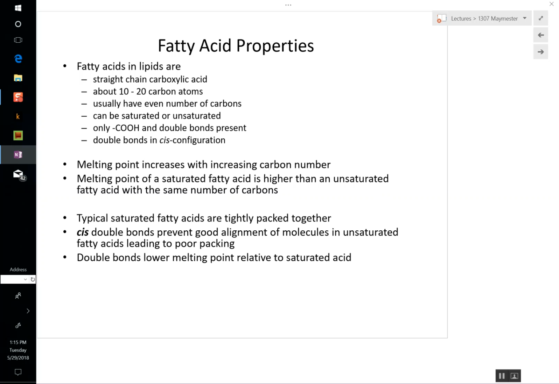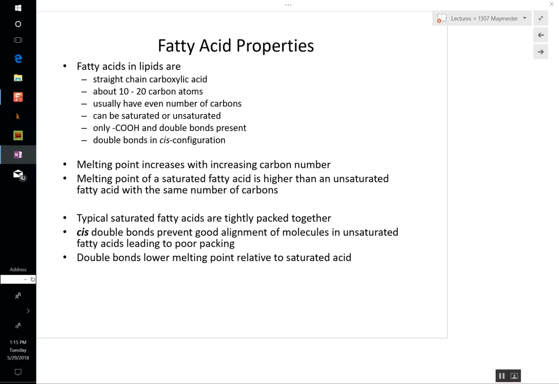Okay, you hang on to that. Danielle's got the saturated fatty acid right there. Oleic acid, how many carbons? 18. They both have 18 carbons. 1, 2, 3, 4, 5, 6, 7, 8, double bond.